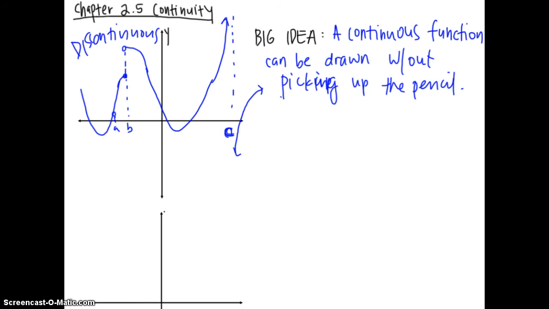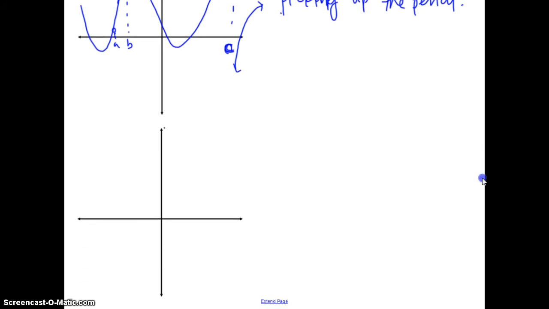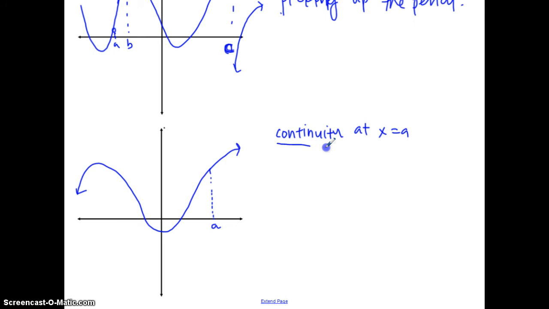Now let's look at the mathematical definition of continuity. Again, for a continuous function, I do not pick up my pencil in order to draw the function. Let's examine it point by point at some point A, so we are talking about continuity at x equals A. What do we have to know happens at x equals A?